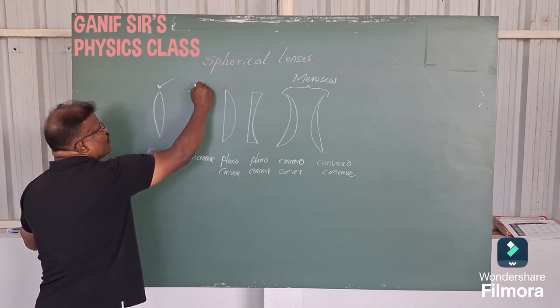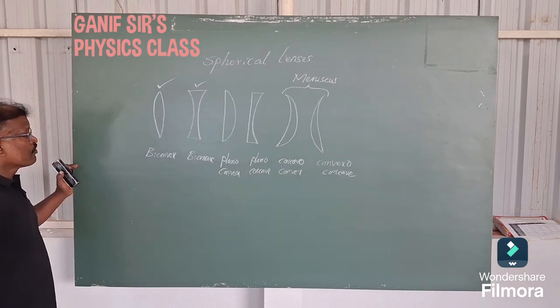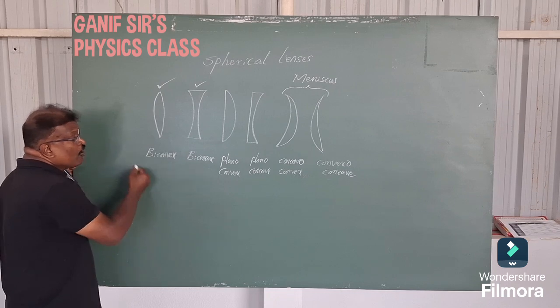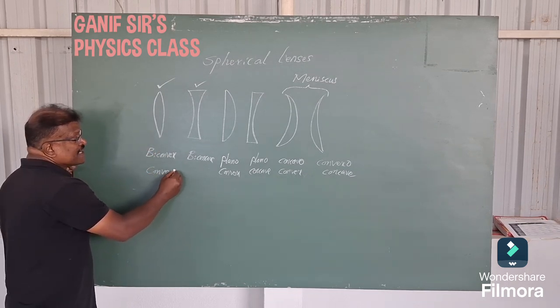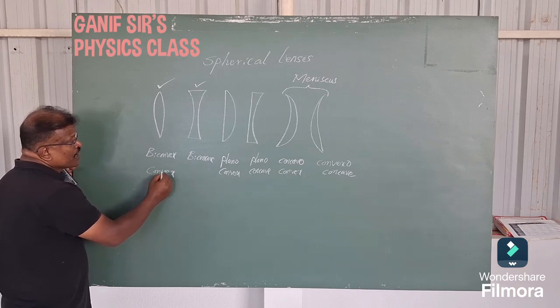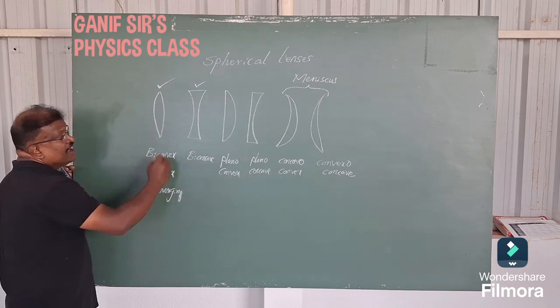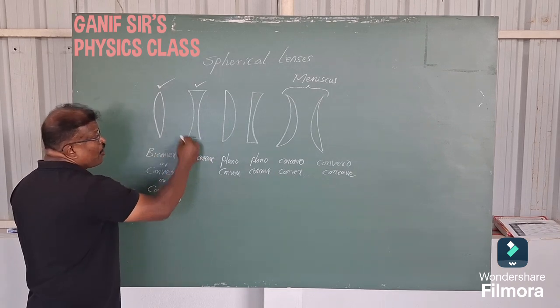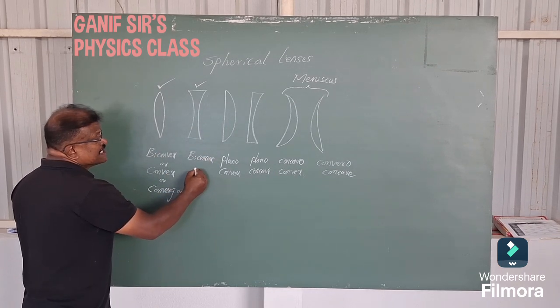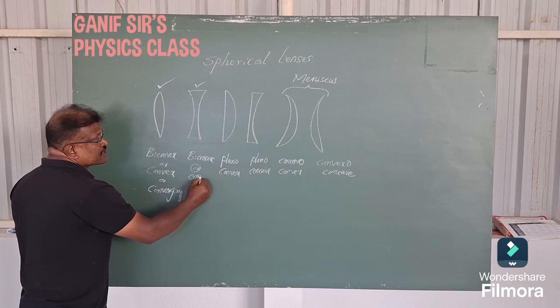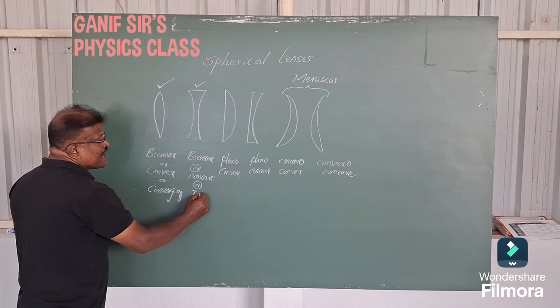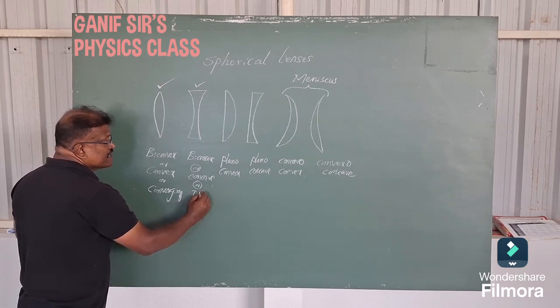We are totally concerned about these two lenses. One is biconvex and another is biconcave. Henceforth I call the biconvex lens a convex lens, also known as a converging lens. And this biconcave lens I call simply a concave lens, or a diverging lens.